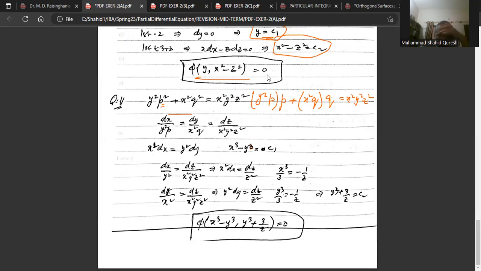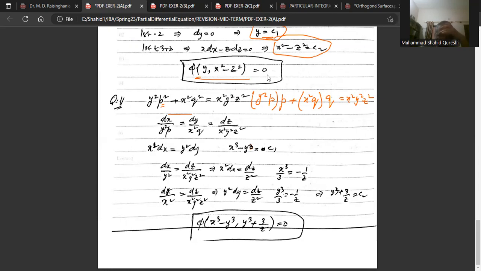Then we have some strange situation. So how to deal with dx upon y square and dz upon this, because the involvement of p is troublesome. So that is not a friendly situation.